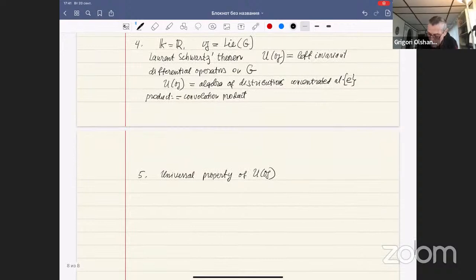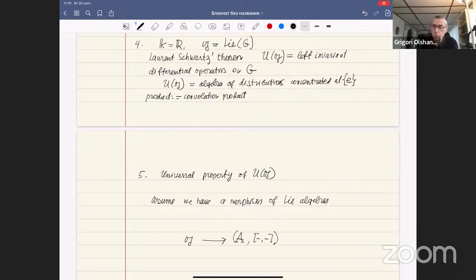Assume that we have a morphism of Lie algebras from g to some associative algebra, which is equipped with its canonical Lie structure. So we have a bracket which comes from the commutator.